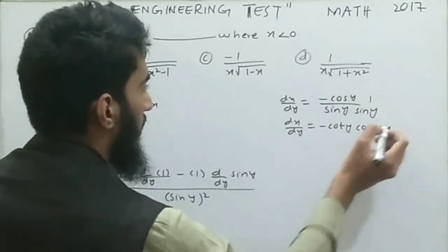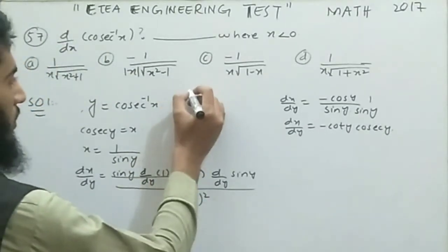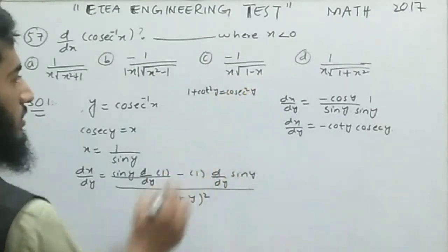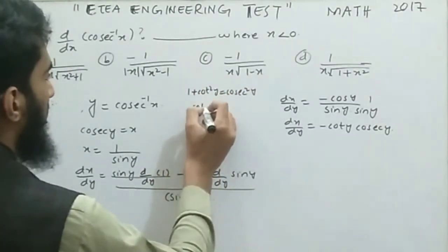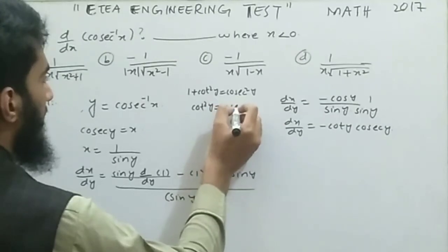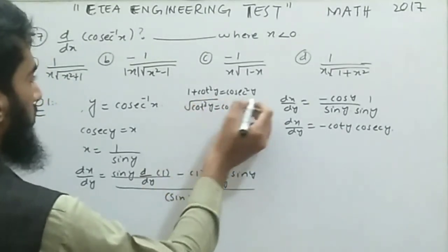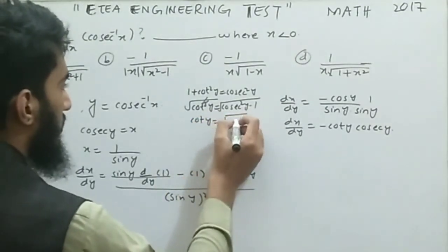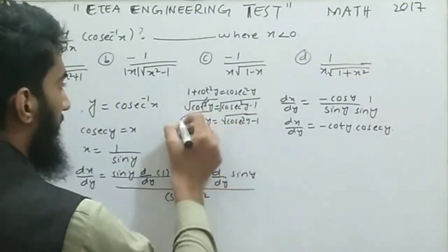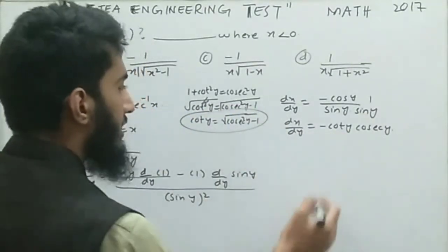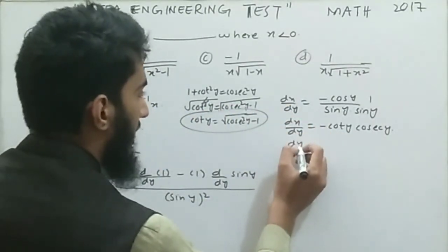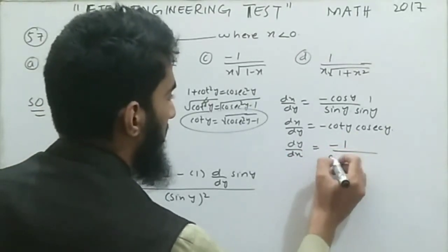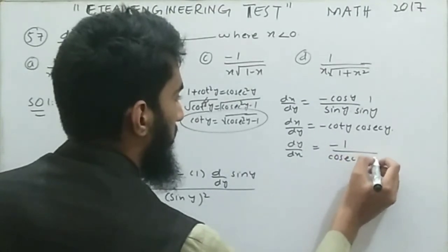Now you know that 1 plus cotangent square y is equal to cosecant square y. So shift 1 to the right hand side, it becomes cotangent square y is equal to cosecant square y minus 1. Take the under root on both sides. So the value of cotangent y will be under root of cosecant square y minus 1. Now putting the value over here, reciprocate both sides, so it becomes dy by dx, and on this side cotangent y and cosecant y will move to the denominator, so it becomes 1 over cosecant y into cotangent y.